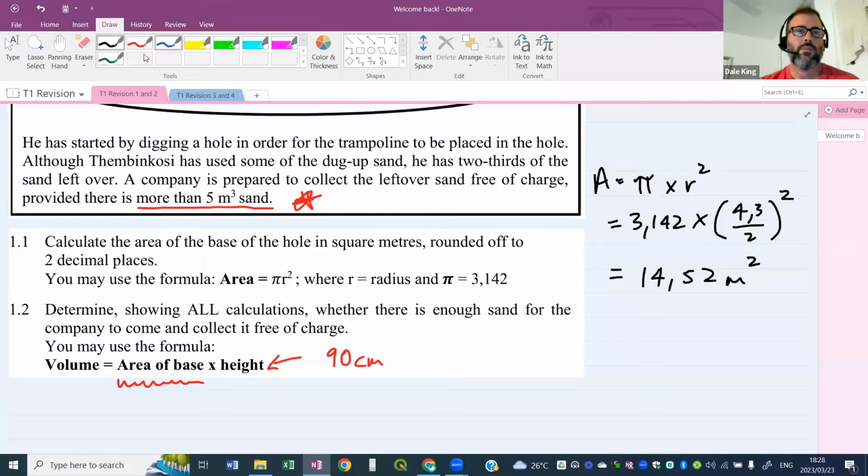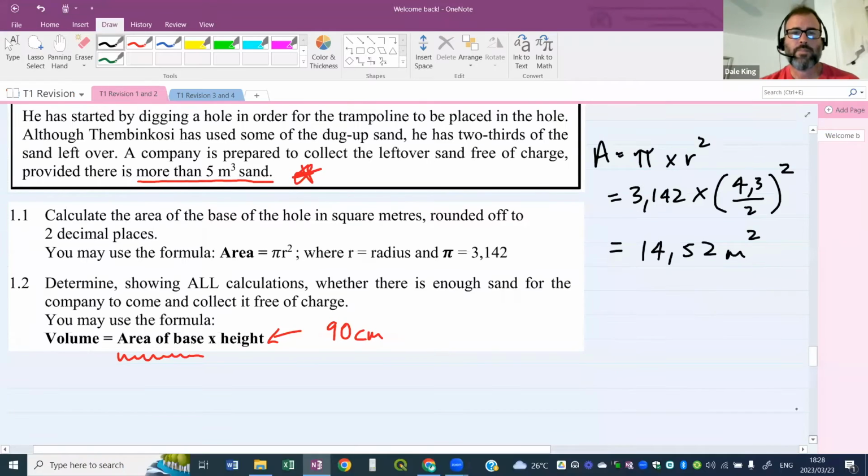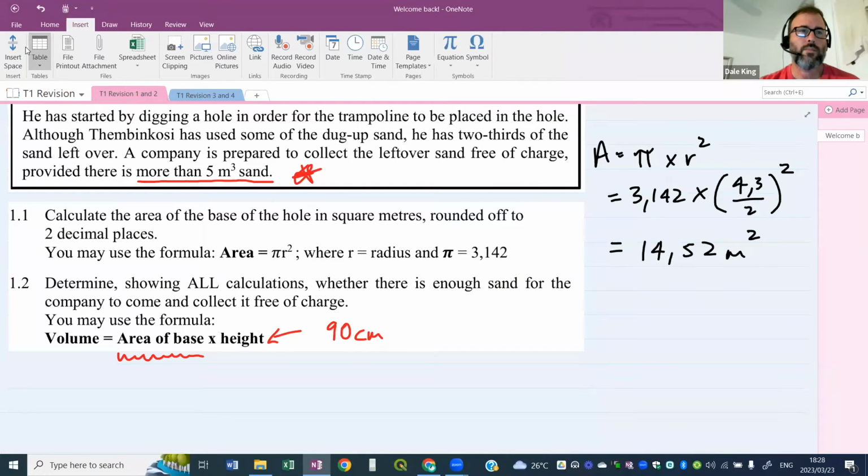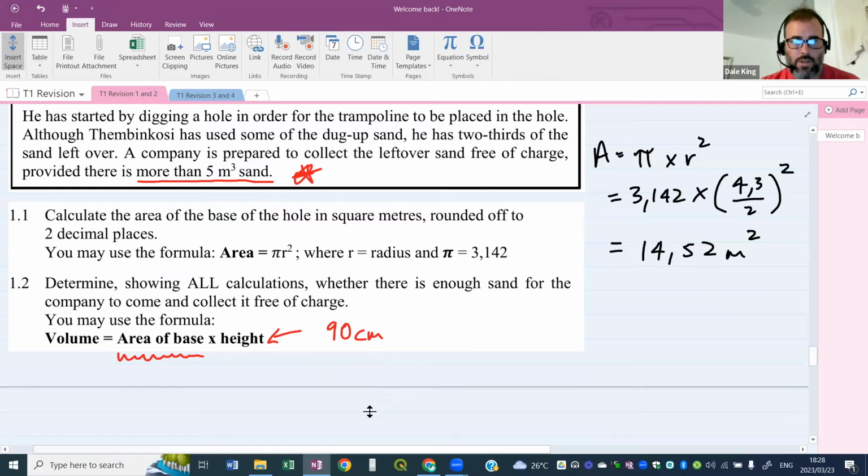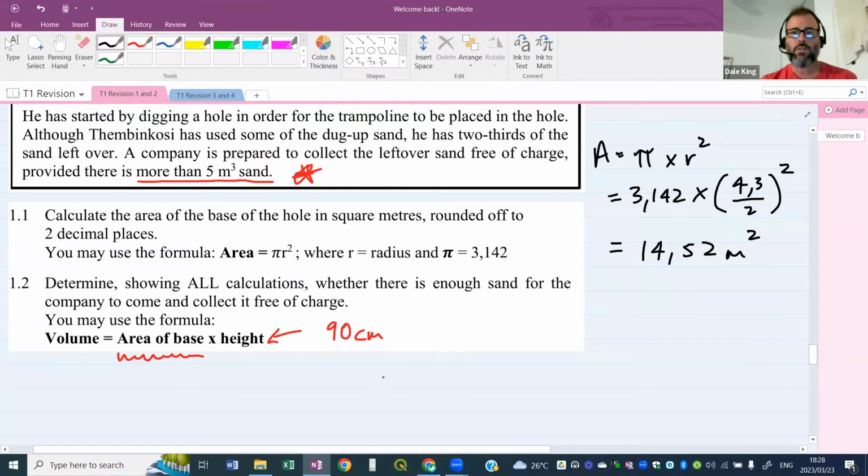Let's have a look at this one. If you're still working on it, keep your calculations there and then check as we go through this.